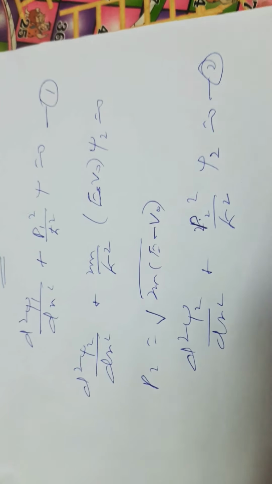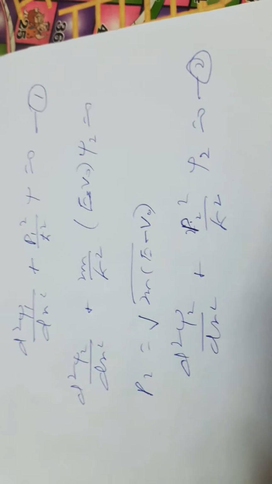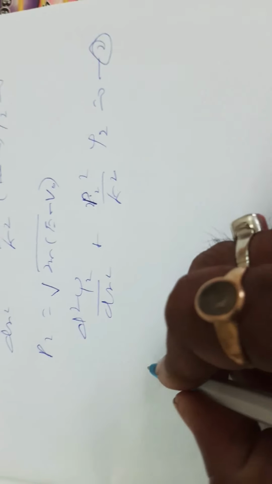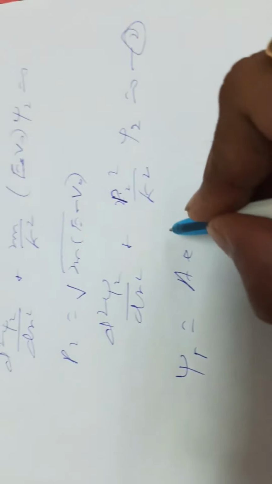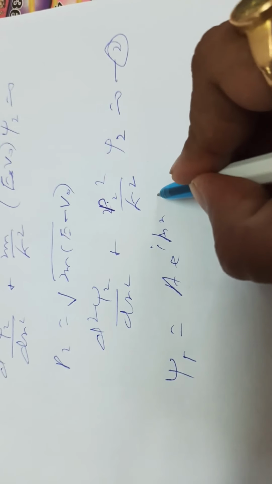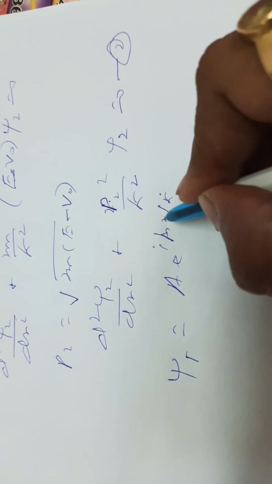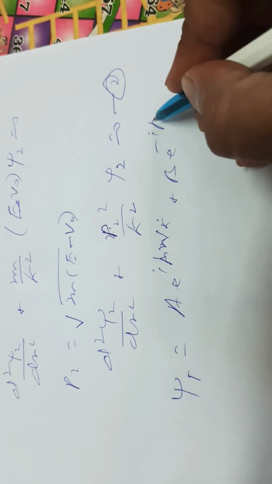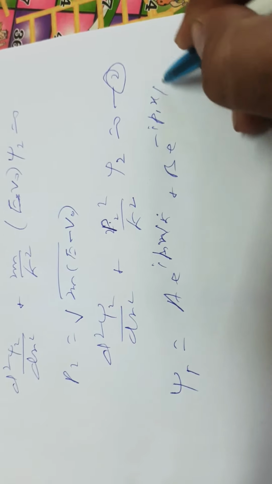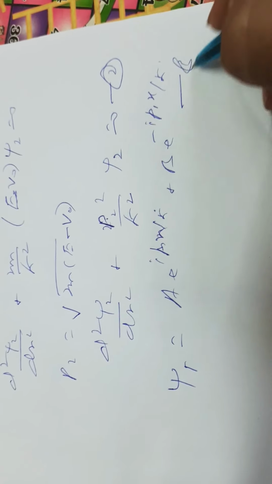Now the general solution for equations 1 and 2 can be written as psi 1 equal to A e to the power i p1 x by h cross plus B e to the power minus i p1 x by h cross. This is equation number 3.